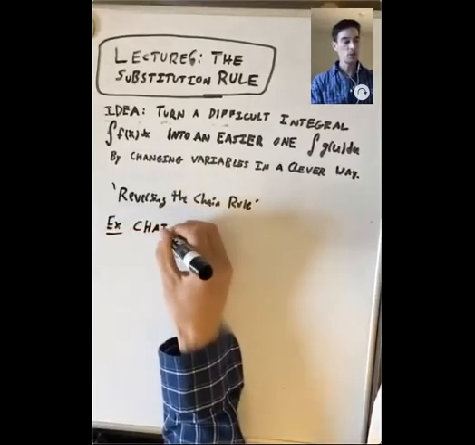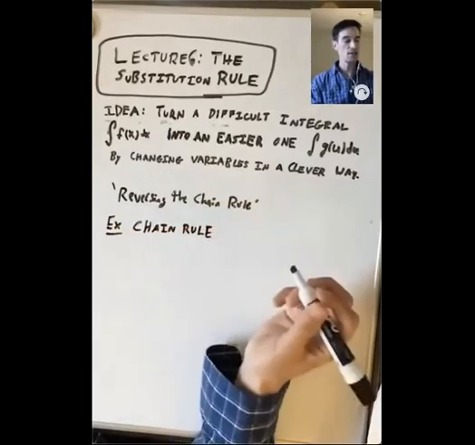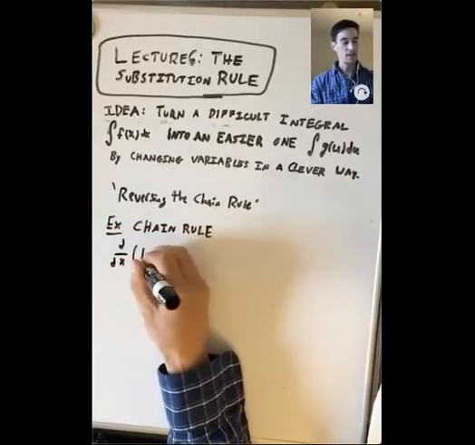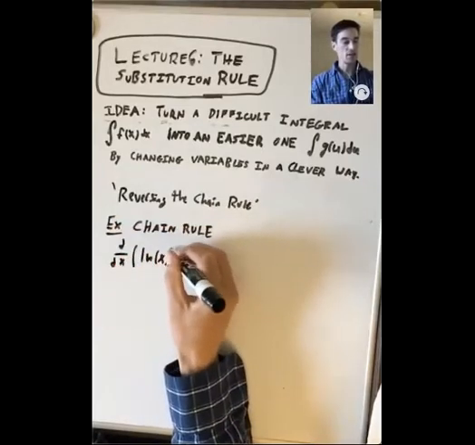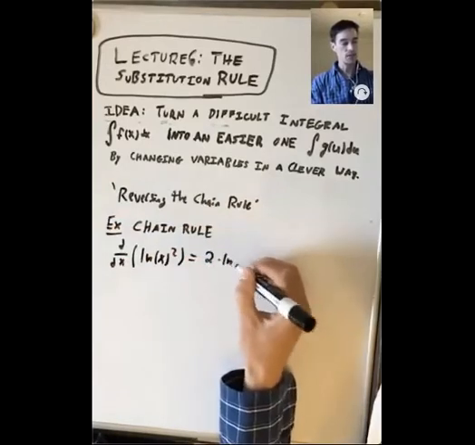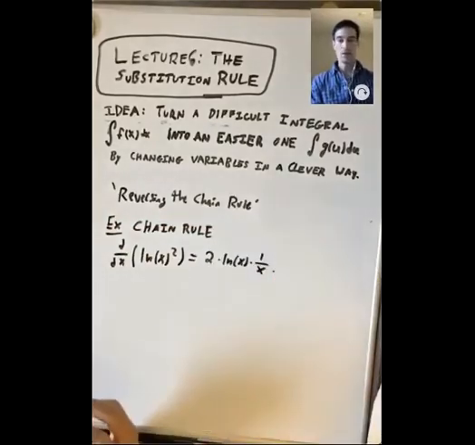The chain rule tells us how to differentiate all kinds of functions. For example, d dx of the function natural log of x squared is equal to 2 times natural log of x times 1 over x. So what does that mean?